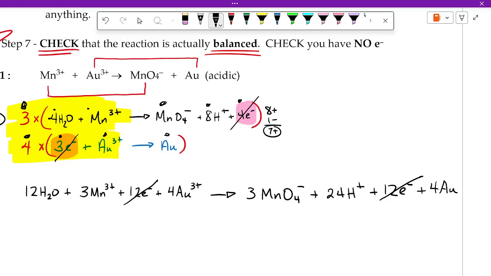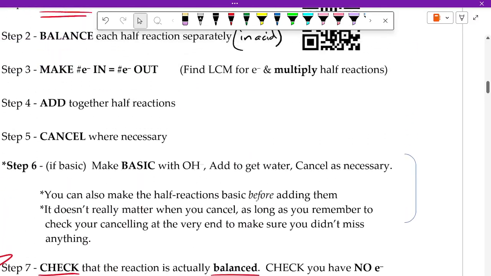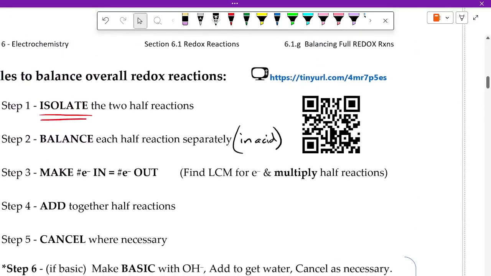You will also check to see if there are any hydrogens or waters that need canceling. You don't have any here, and then we're good. Now, it doesn't say in basic.